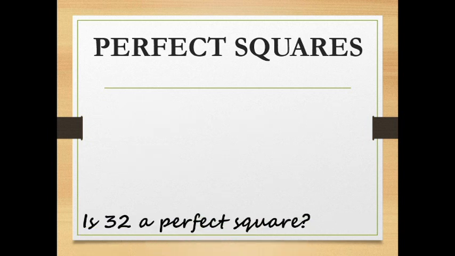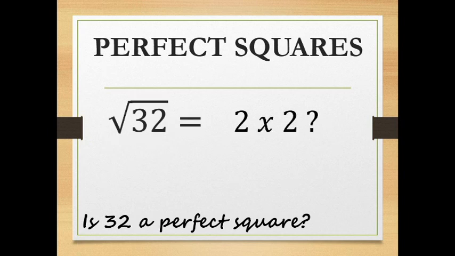How about square root of 32? Is this a perfect square? Let's get the square root of 32. 2 times 2, no. 3 times 3, no. 4 times 4. How about 5 times 5? 6 times 6. 5 times 5 is equal to 25.